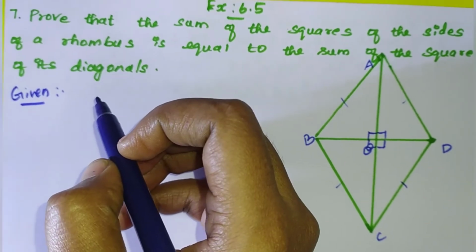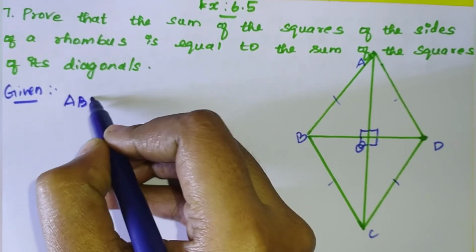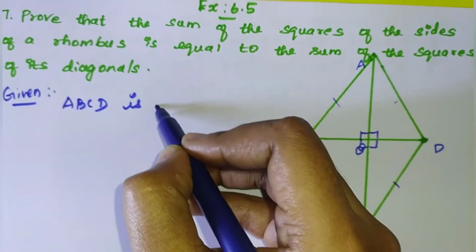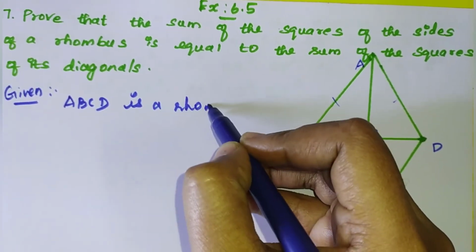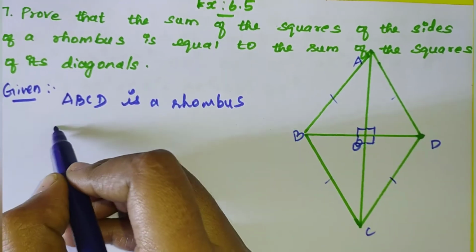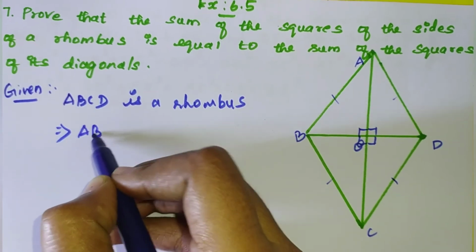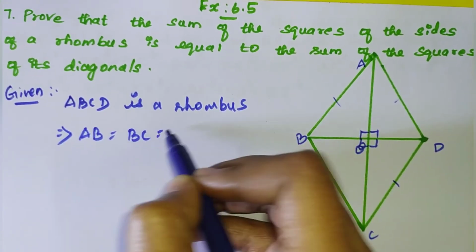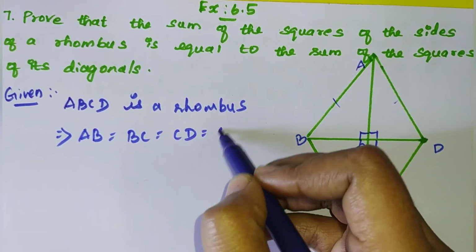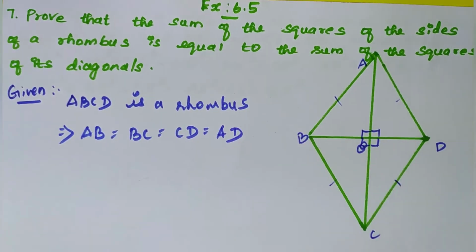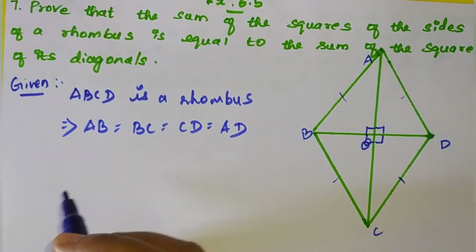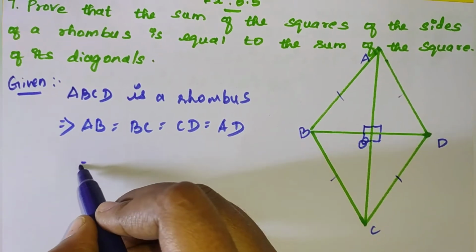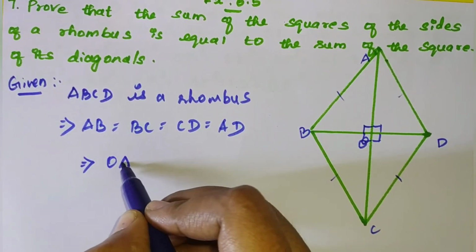In the given, you have to write that ABCD is a rhombus. Since this is a rhombus, AB is equal to BC is equal to CD is equal to AD. All the sides are equal, and we know that the diagonals bisect each other.